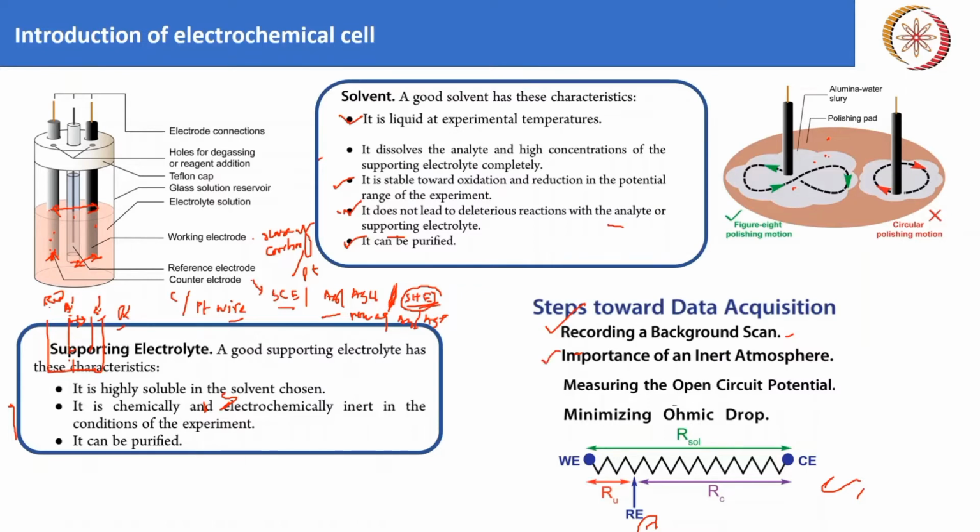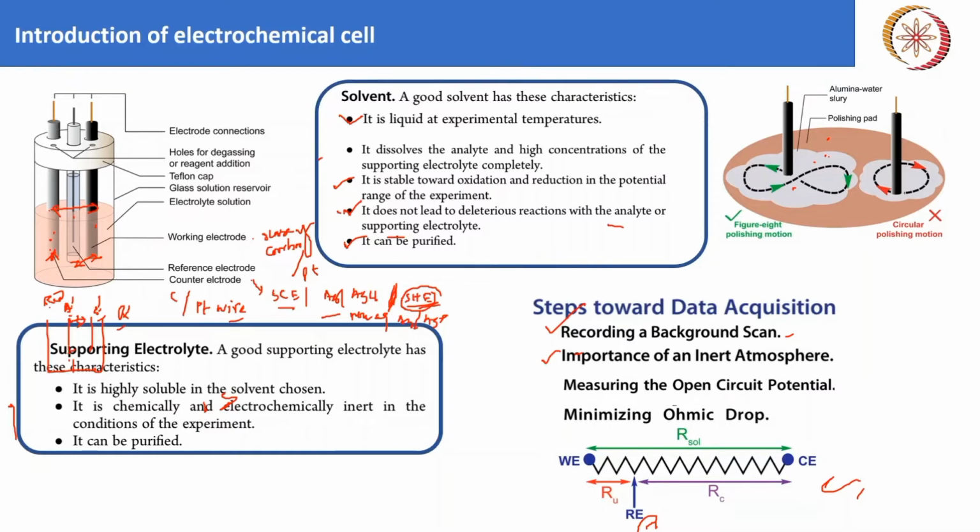The second one is the importance of the inert atmosphere. If there is oxygen gas, or some other gas such as CO2 or carbon monoxide, it can affect your experiment.